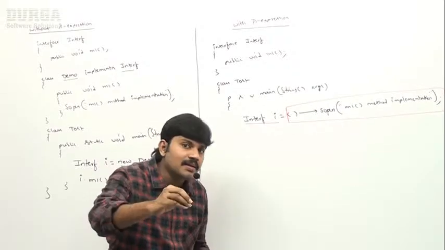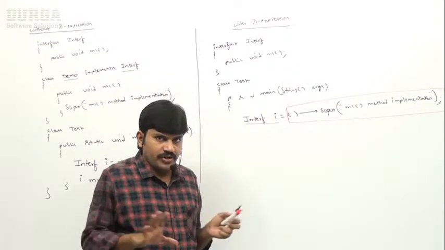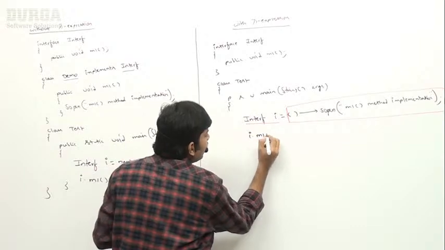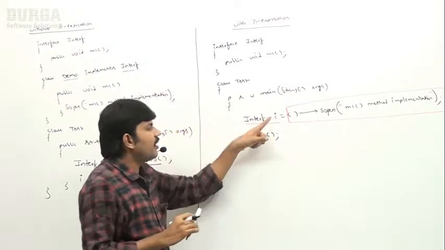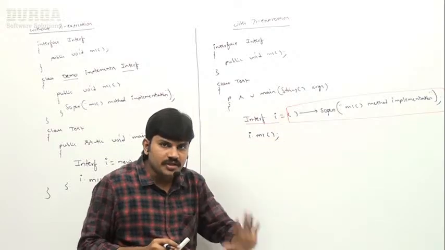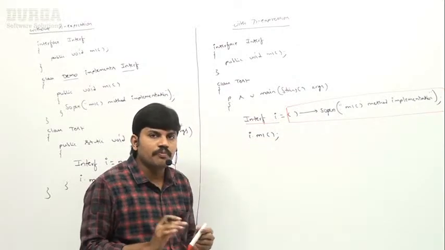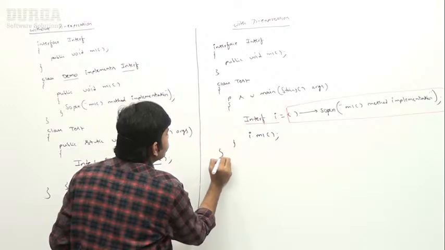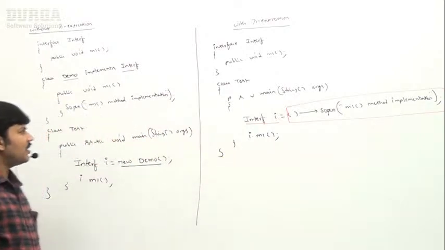That clarity the compiler is able to identify, so we are not required to worry. If I call i.m1, this body is going to execute. Happily, it is going to print "m1 method implementation" to the console. Have you observed?